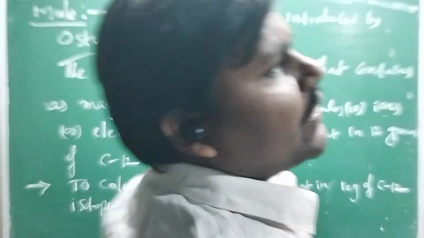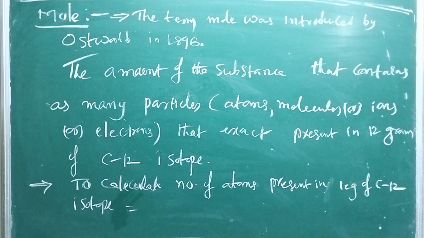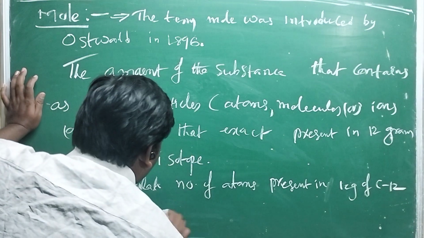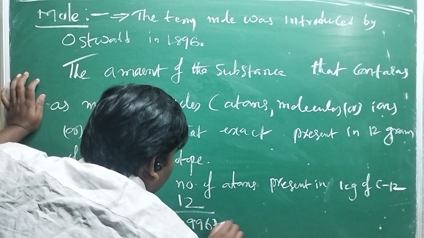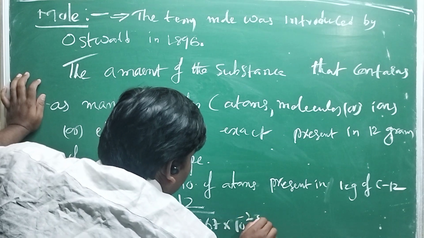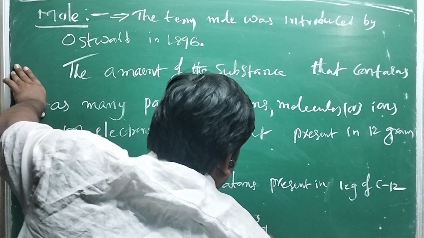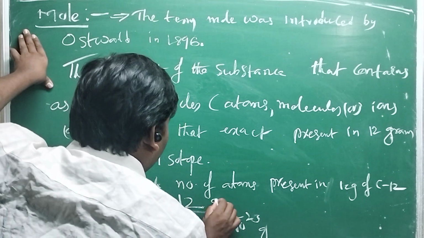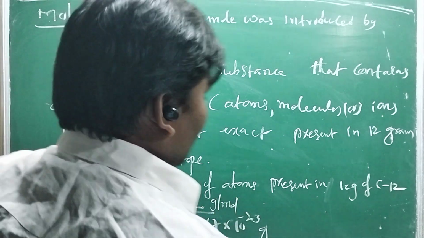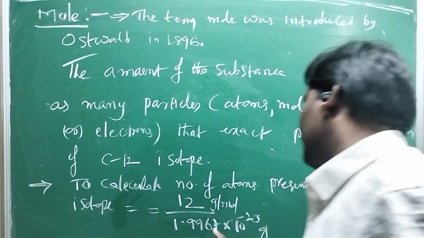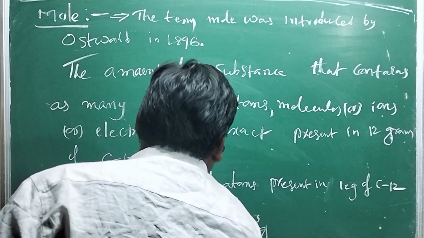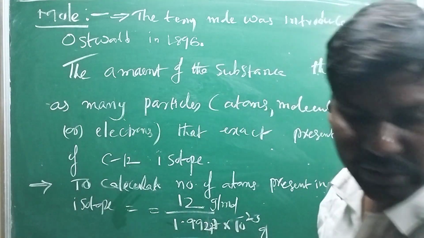The number of atoms in 12 gram per mole of C12 isotope is equal to 12 by 1.9927 into 10 to the power minus 23 grams. Here it is gram per mole. You can observe this value.